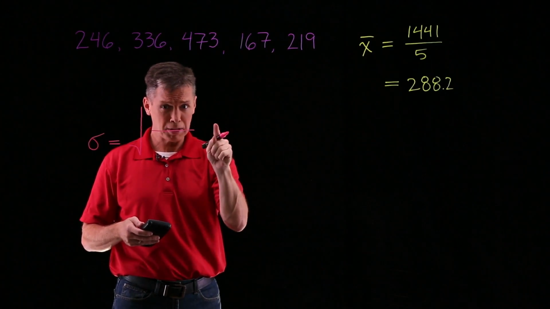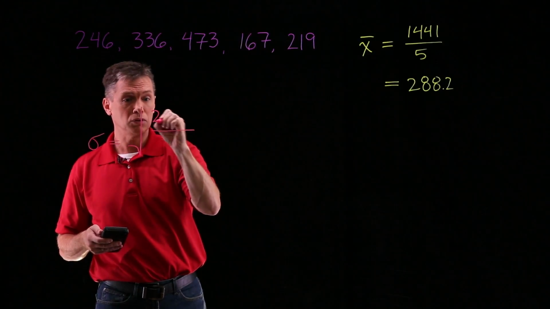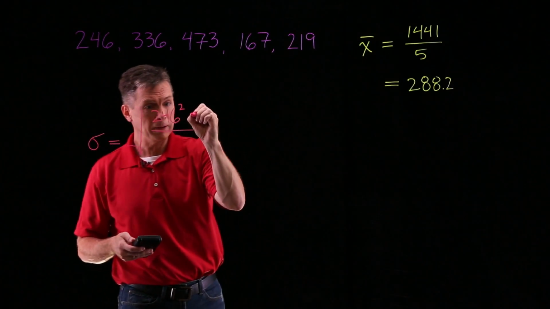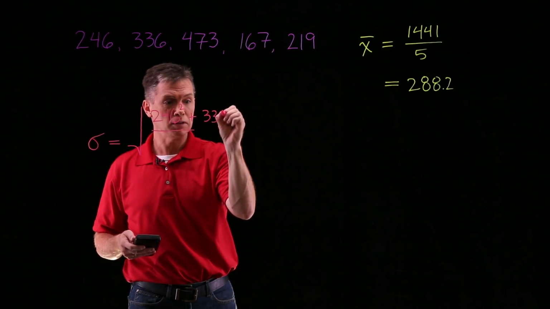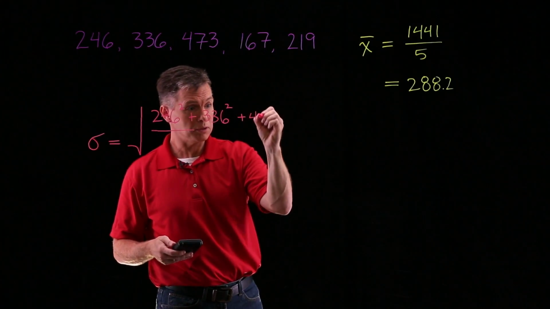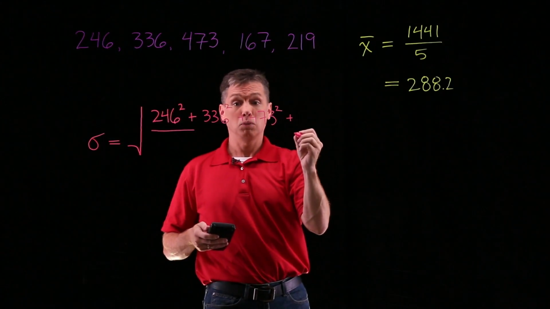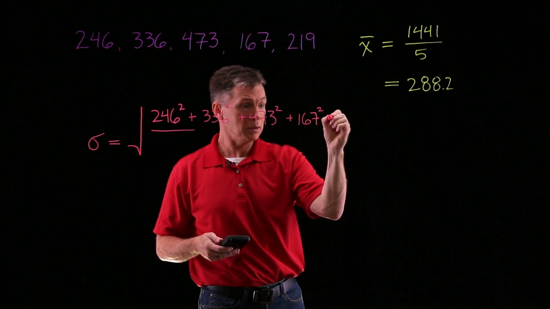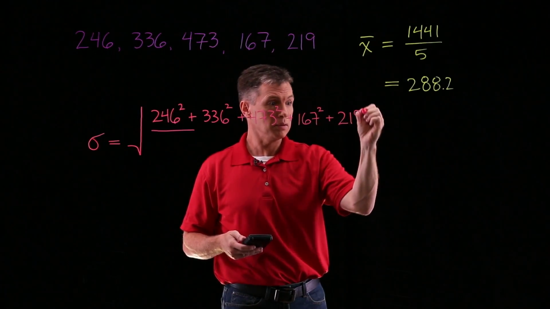So in this fraction, you go to each data point one at a time and square it. So 246, but I'm going to need to square it. And then add and go to your next data point, 336 squared, plus 473 squared, plus 167 squared, plus the 219 squared.